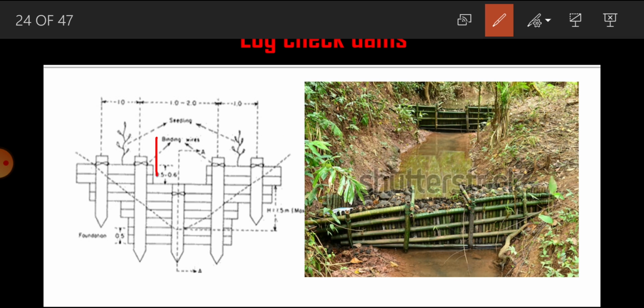So this is the weir, or you can say spillway, from which the flow of runoff will pass. And then at downstream you have to keep some kind of straw materials or stones for the apron.